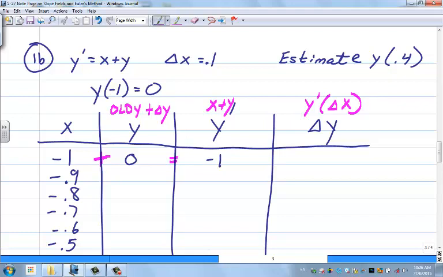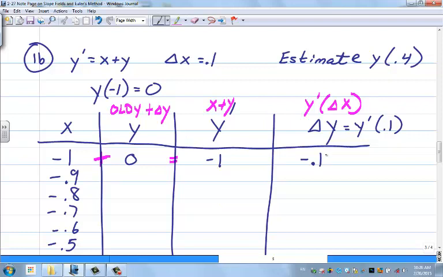And then delta y is equal to y prime times 0.1. So y prime here is -1, so it's -1 times 0.1, which gives you -0.1. Now you're going to come over and you're going to add that to your old y.